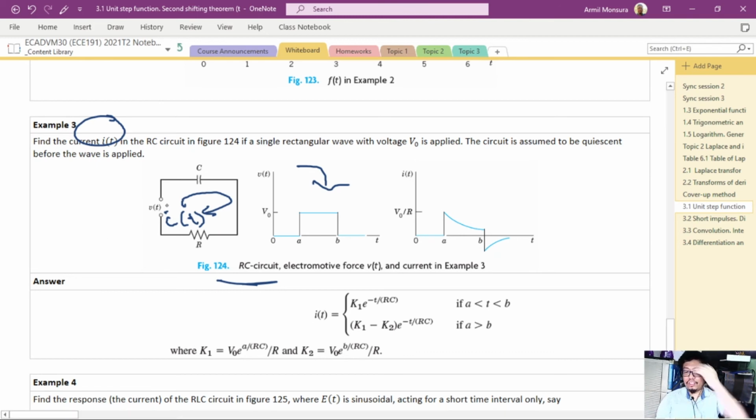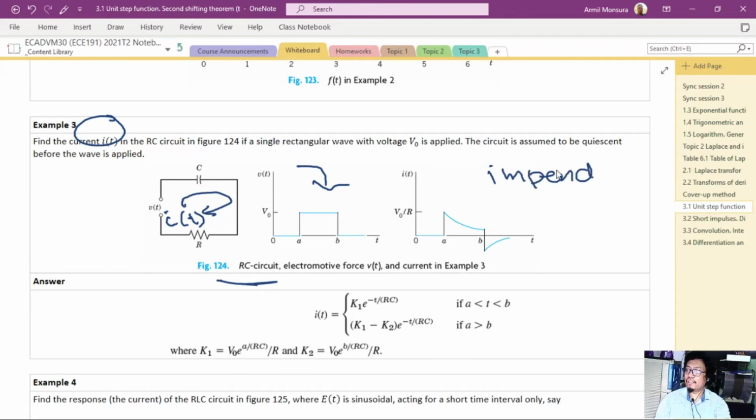But before I actually take KVL, this would be easier to deal with if you take the Laplace transform of everything. But that also involves using impedances. You might not have heard yet of what impedance is.